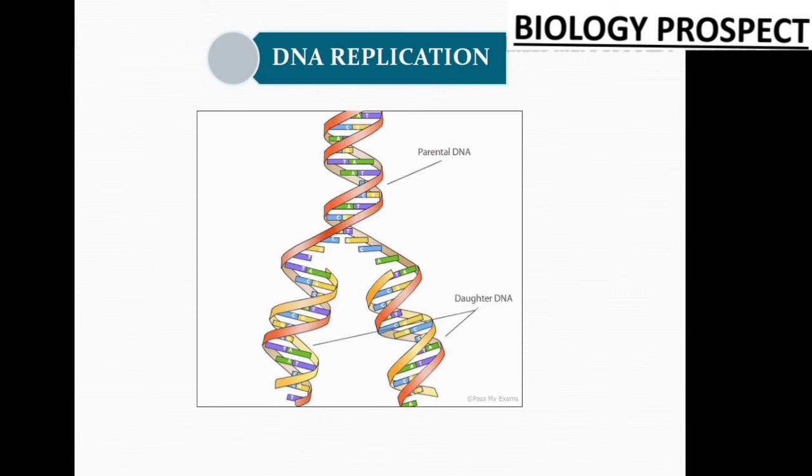In the middle, the green color and the purple color you have seen are the nitrogen bases in combination with the phosphate and the pentose sugar, the so-called nucleotide. This nucleotide is the basic part of the hereditary material. This much is given in your syllabus up to class 10 level for DNA replication. In higher classes, you will get more knowledge about that topic.